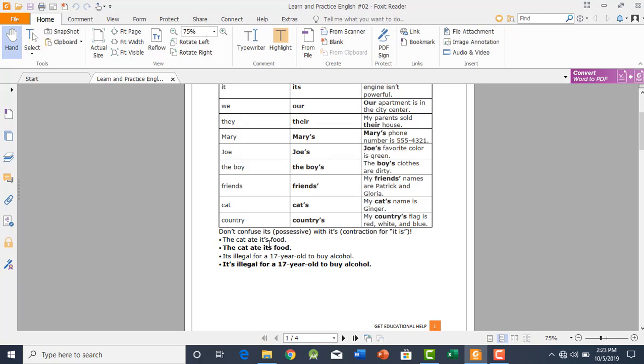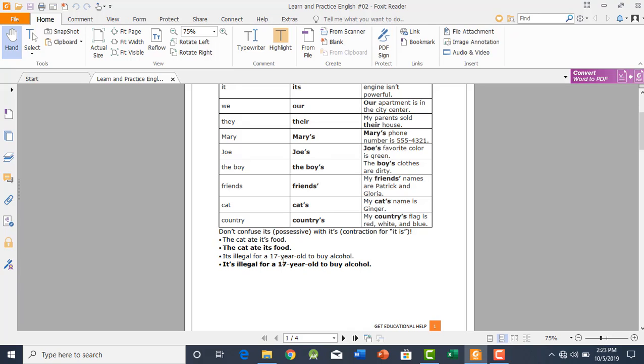We have to show that the food belongs to the cat, but this its is not written here. This is a wrong sentence. We have to replace this it's by its, which is basically the symbol of possessiveness. So here is an example of it's, which is basically the contraction of it is.